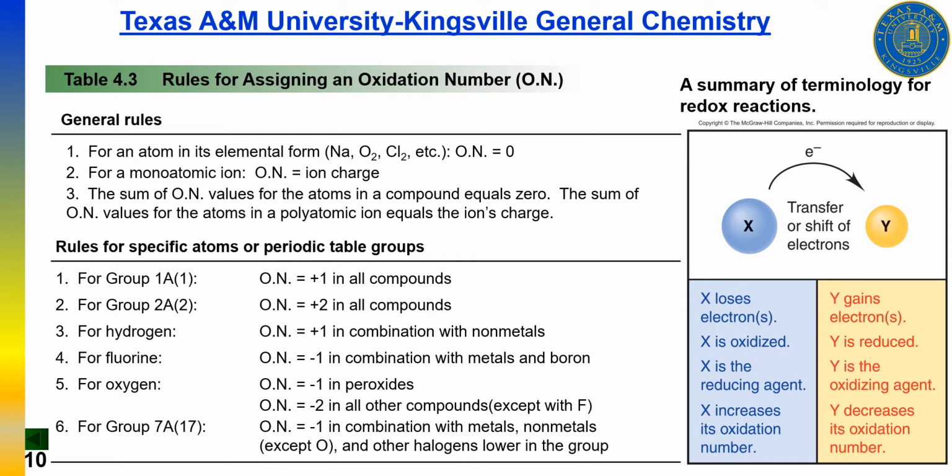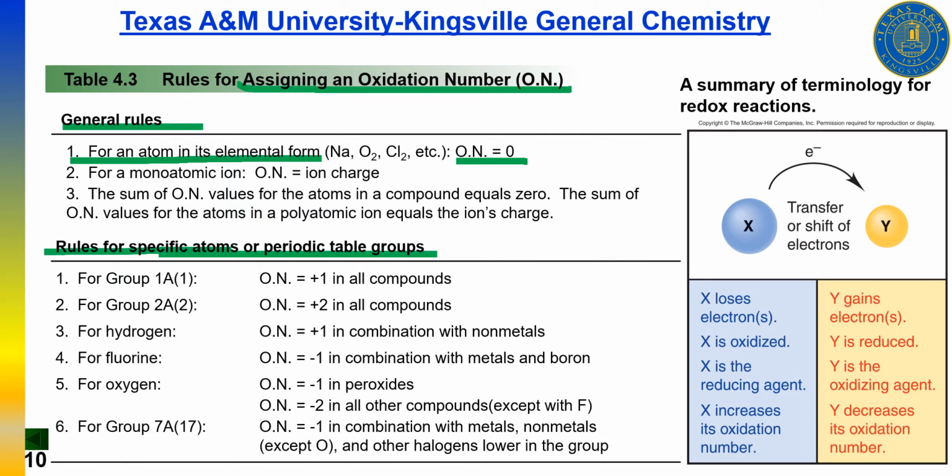And then in order to understand the number of electrons lost or gained, we need to know the rules for assigning oxidation numbers. First rule, called the general rule. Second rule is more specific: rules for the specific atoms or periodic table groups. First part, general rules. Point 1. For any atom in its elemental form, any element by itself, the oxidation number is 0, no charge.